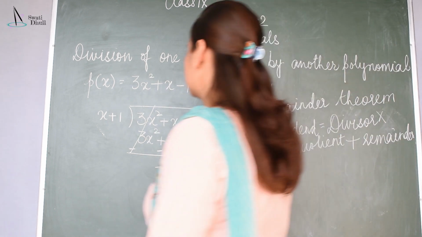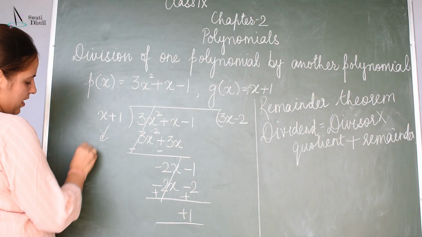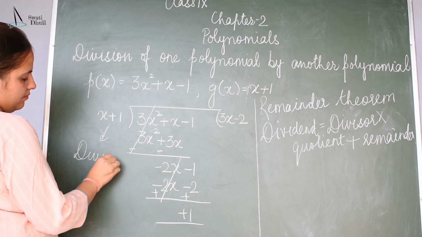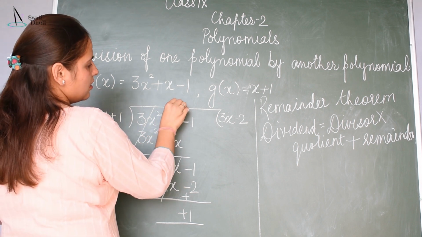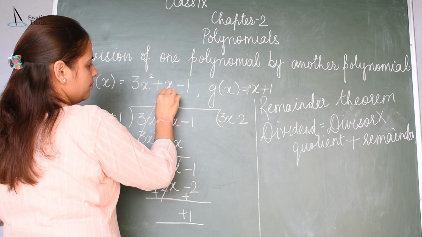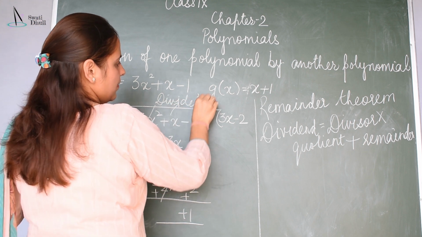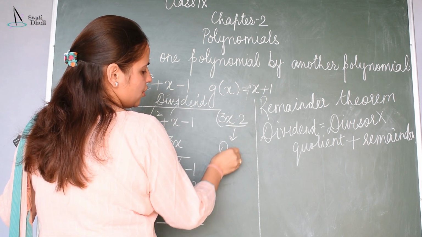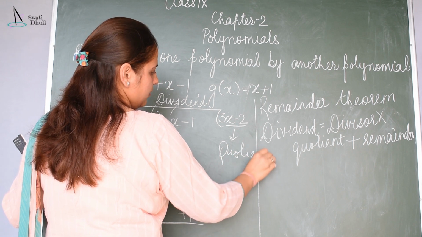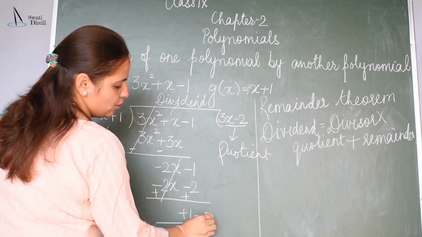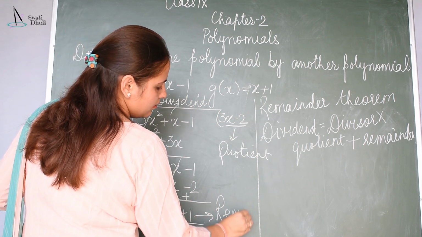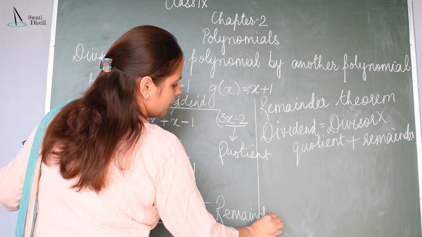So that means here this is your divisor, this term is your dividend, this is your quotient, and this is your remainder.